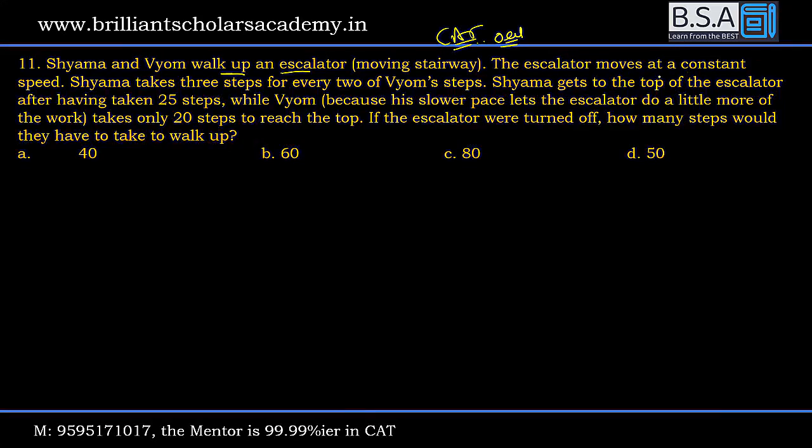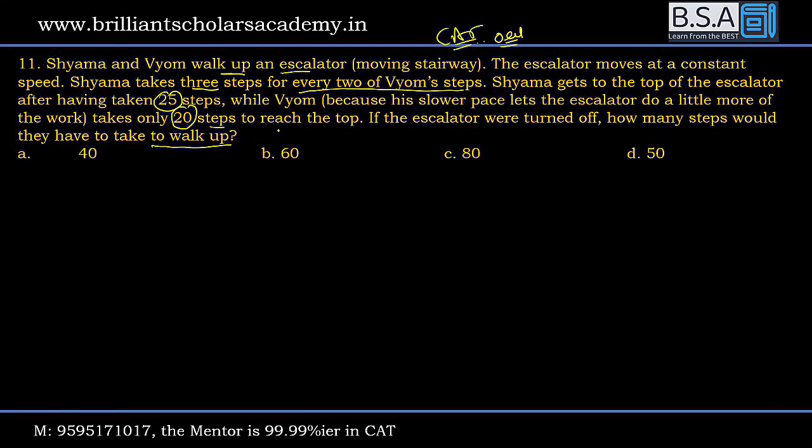The stairway moves at constant speed. Shyam takes 3 steps for 2 of Vyom's steps. Shyam gets to the top of the escalator after having taken 25 steps, while Vyom, because his slower pace lets the escalator do a little more of the work, takes only 20 steps to reach the top. If the escalator were turned off, how many steps would it take to walk up?